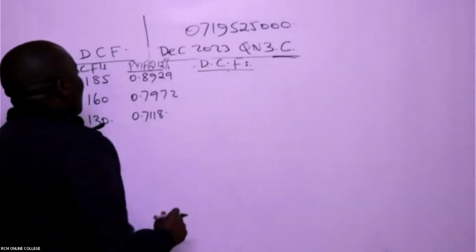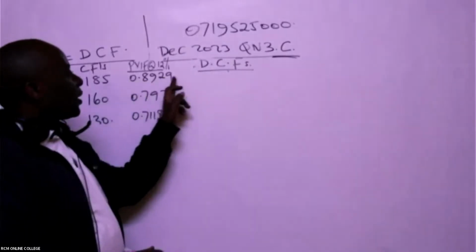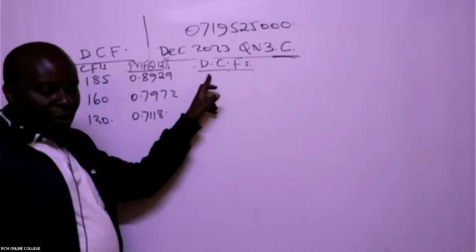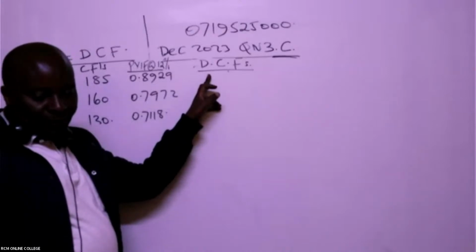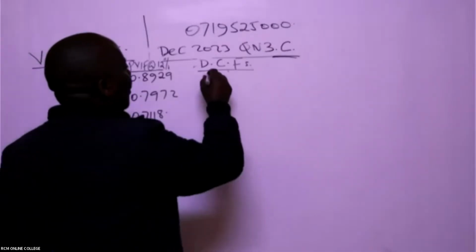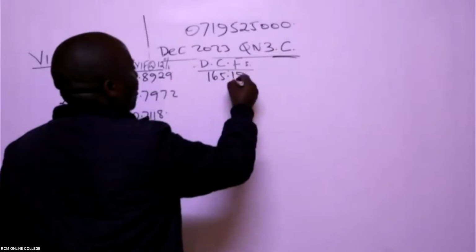Discounted cash flows. Now we are taking this 185 times this. You give me an answer. 165.19.